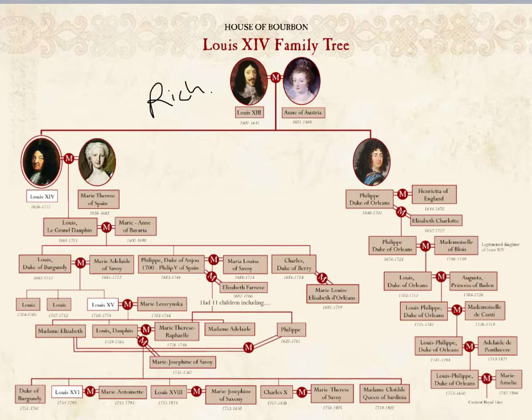Richelieu was with Louis XIII, and then you have the Sun King. Look at my pretty sun. Oh, that's beautiful. And then you have, let's see here, here's Louis XV, and then Louis XVI. See, they're not directly related, and then he gets decapitated. So I'm going to erase half of his head.